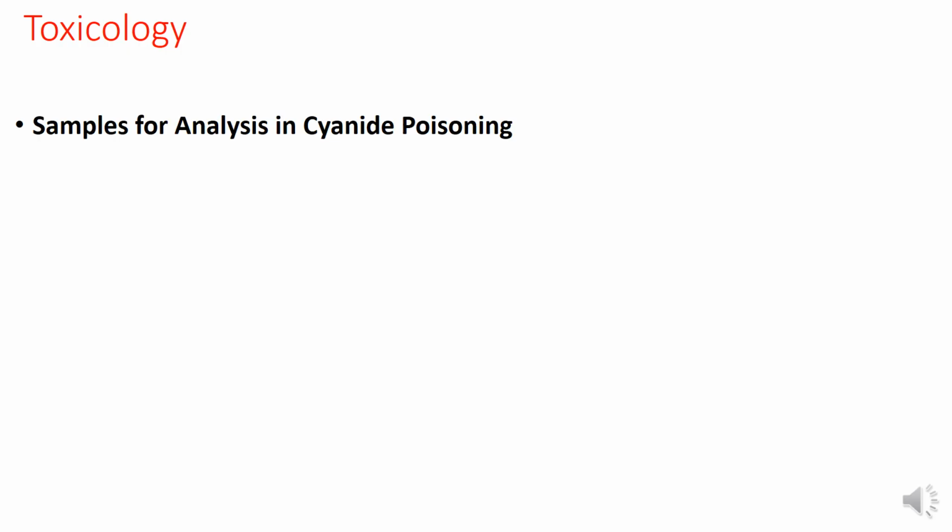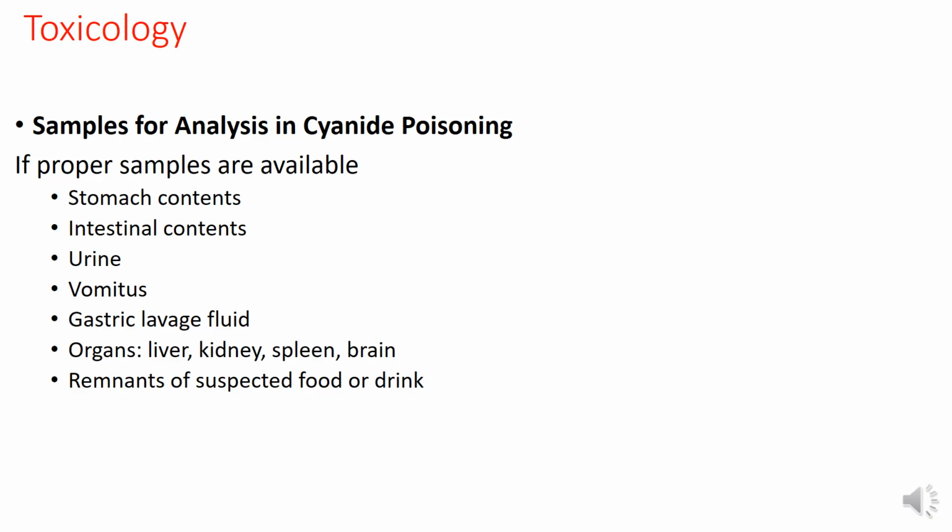How about the toxicology now? Samples for analysis in cyanide poisoning: there are certain points you have to understand. You have to take stomach contents, intestinal contents, urine, vomitus, gastric lavage, and sometimes organs if blood and everything else is unlikely to be found. Also remnants of suspected food or drink.